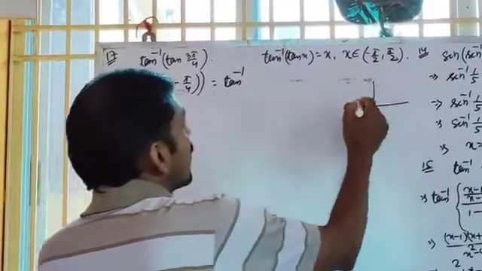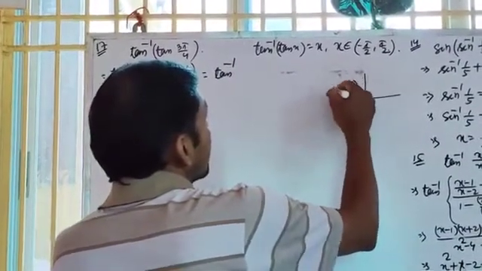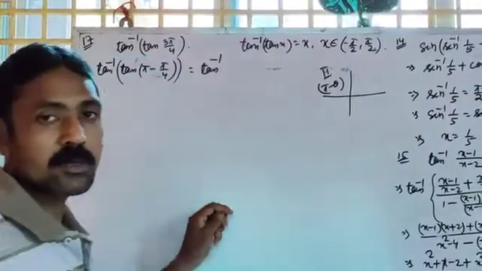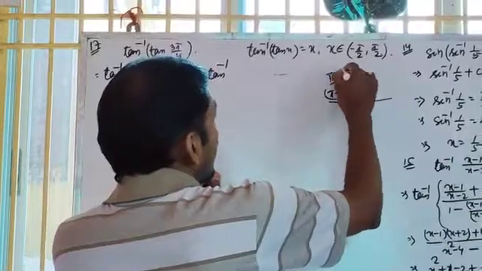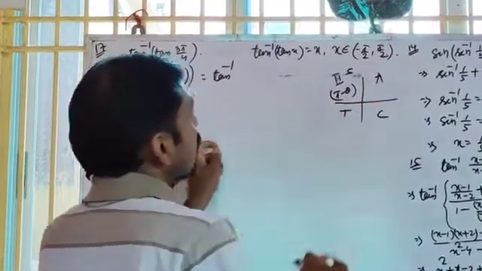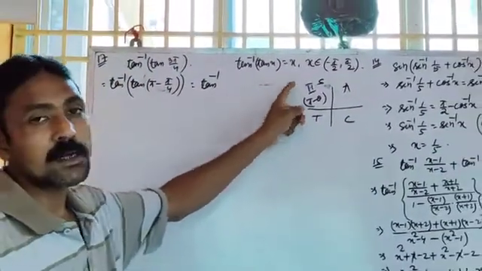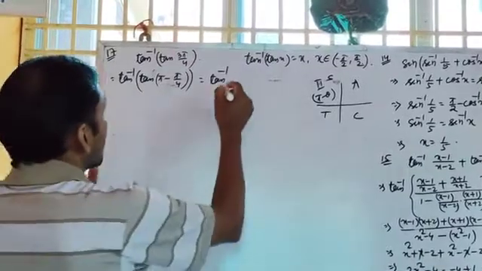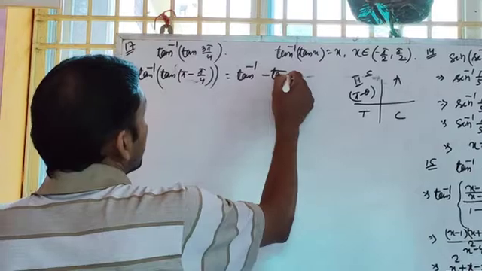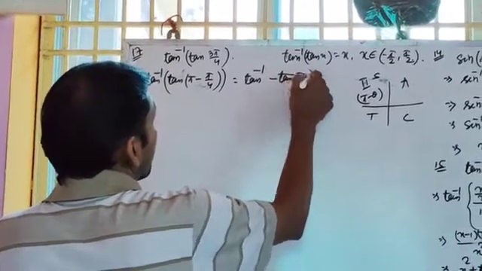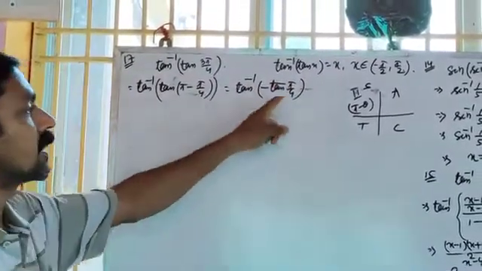Pi minus theta is in the second quadrant, and by the ASTC rule, for pi minus theta tan is negative. So it is tan inverse of minus tan theta. Tan of pi minus theta is minus tan theta, where theta is pi by 4.